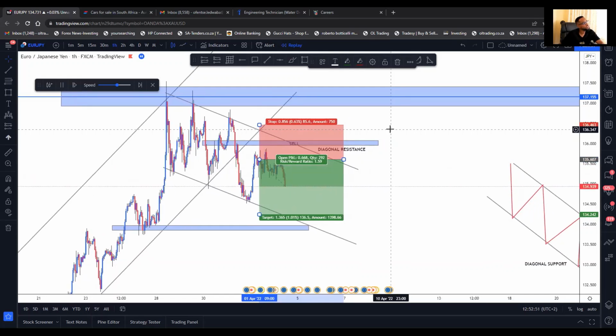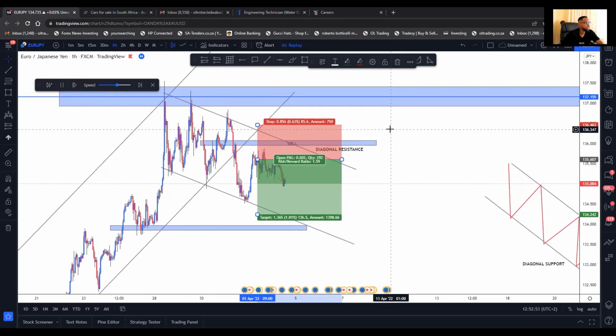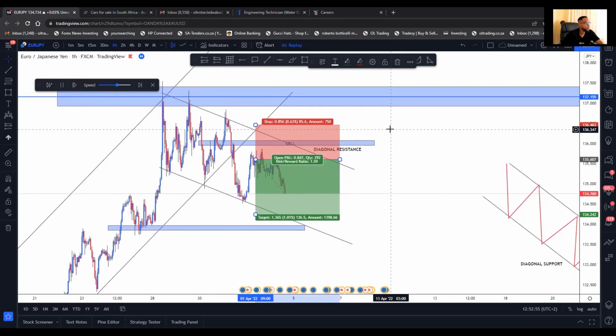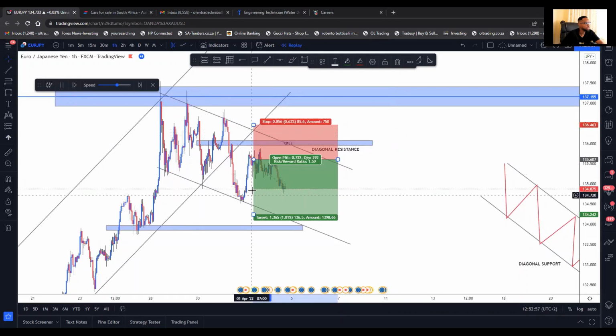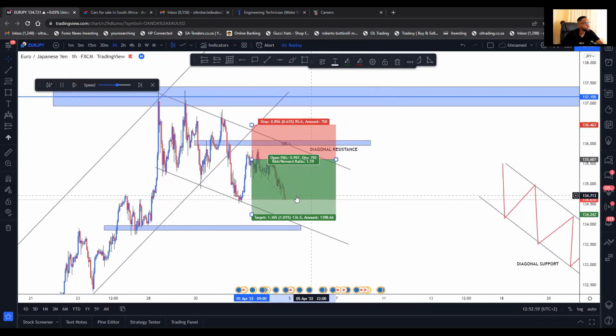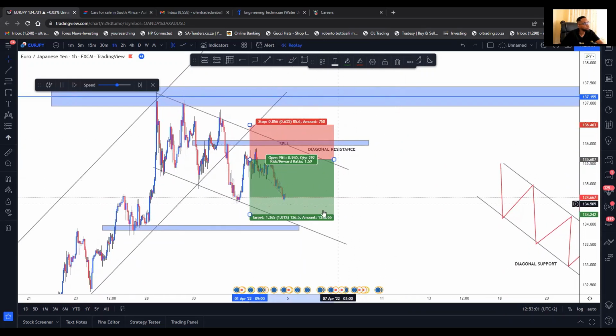We are now in a downtrend, guys. As you can see, the market is still playing, but we are in a downtrend. We are in profit.